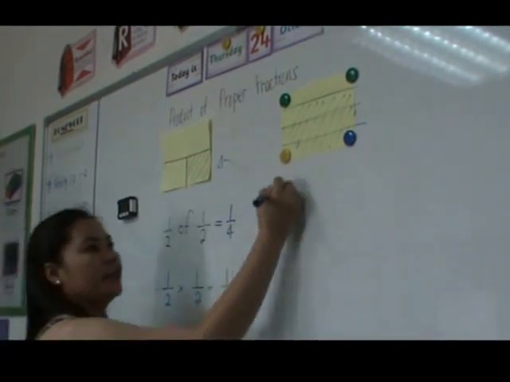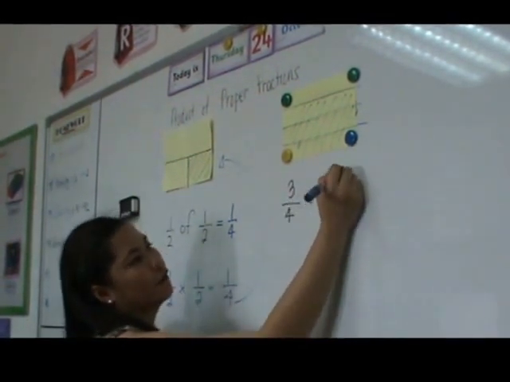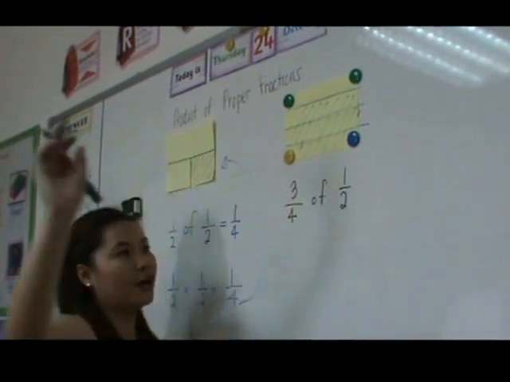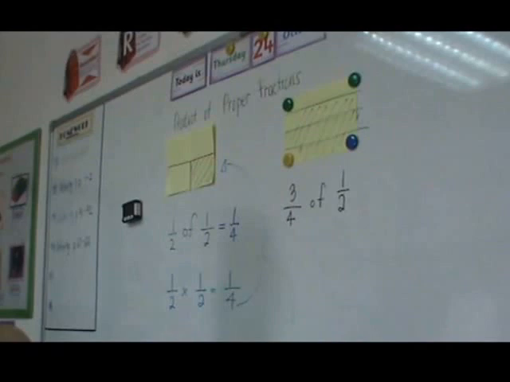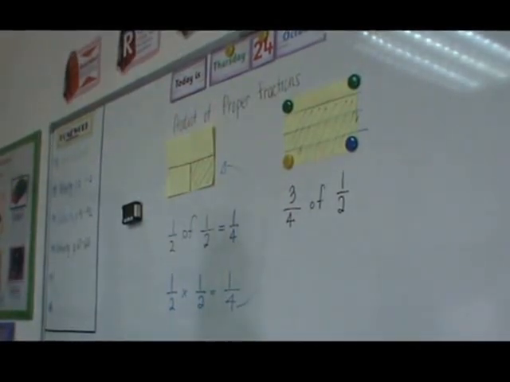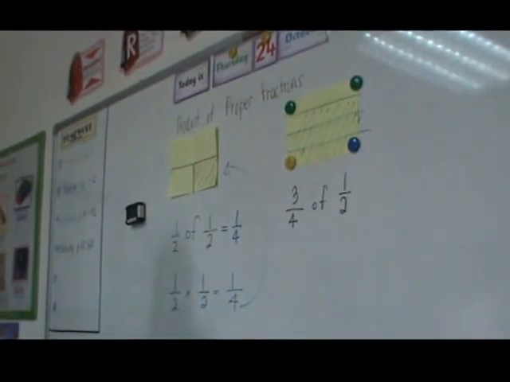How are we going to get 3 out of 4 of 1/2? Without multiplying it yet, using this. You need to color the half of this.